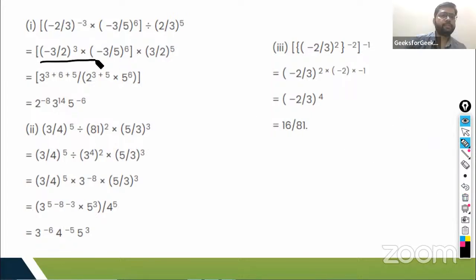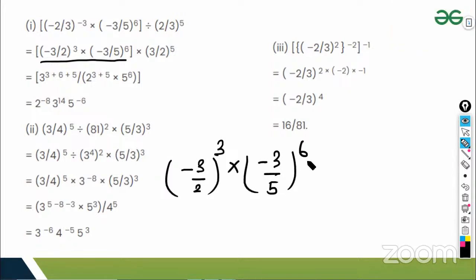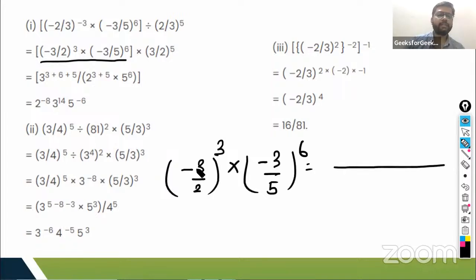Let me solve this for you. I'm going to solve this for you. (-3) to the power 3, just look carefully, into (-3) to the power 6, right? Yes. Okay, now I'm expanding this one. This is -3 to the power 3, so this will be -3 into -3 into -3.